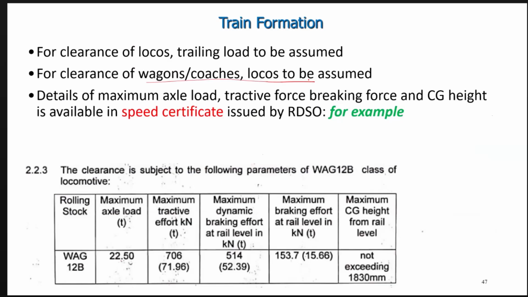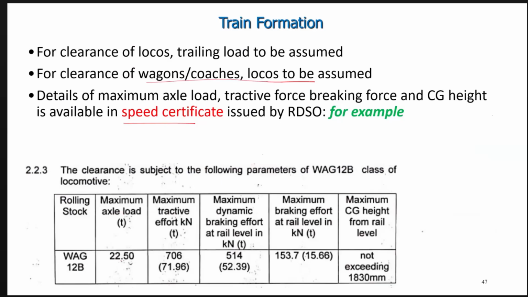Okay, so if we want to clear the locos, then we have to assume the trailing load, mostly for goods, we assume the box wagons. And similarly, for the clearing of the wagons, we assume whatever locos will be assembled with them for that combination. So this detail we will get from the speed certificate.